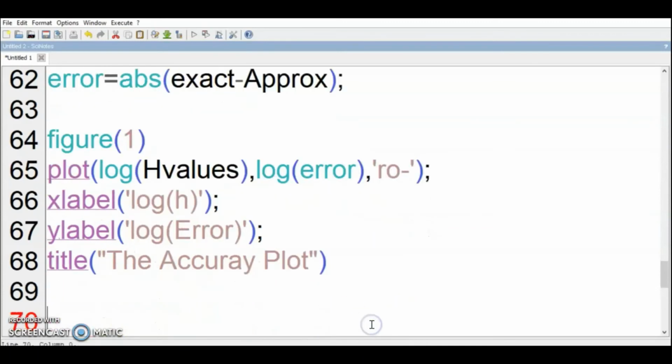You can put a grid if you want to. xgrid will give you the grid.